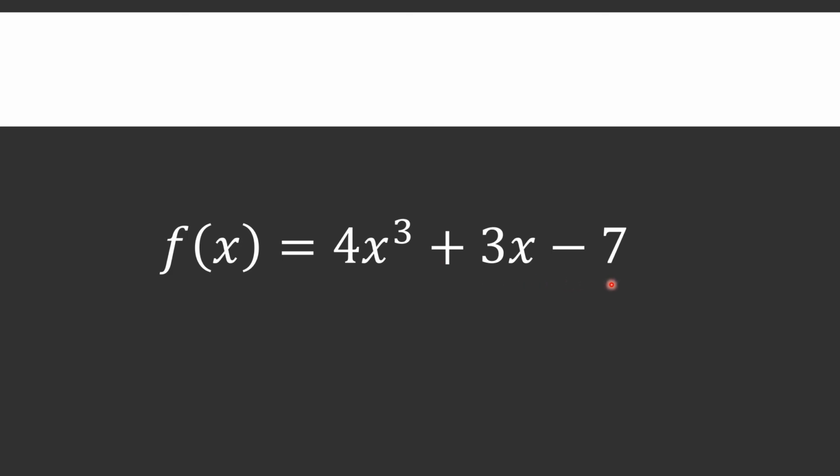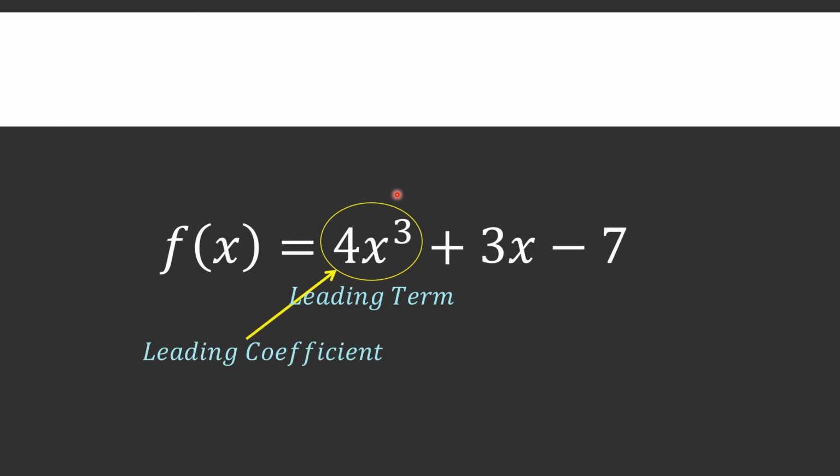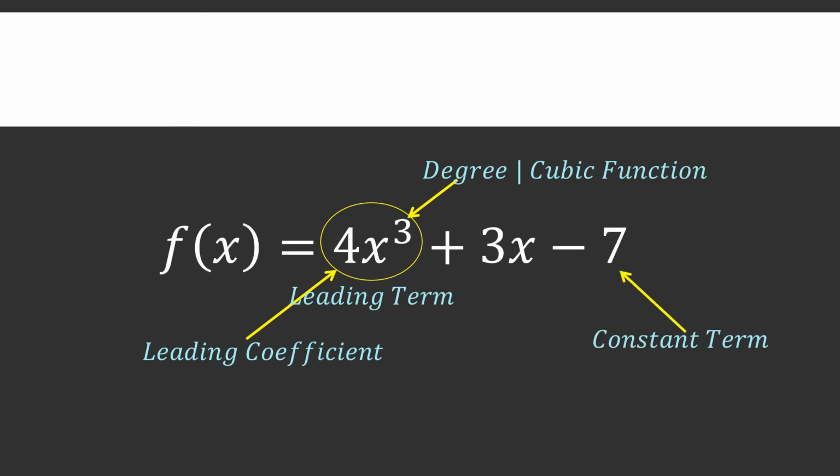The term which has the highest exponent is 4x cubed, so this is our leading term. 4 is the leading coefficient and 3 is the degree. Since this polynomial function has degree 3, in other words, it is a cubic function. And what is our constant term? That is -7.